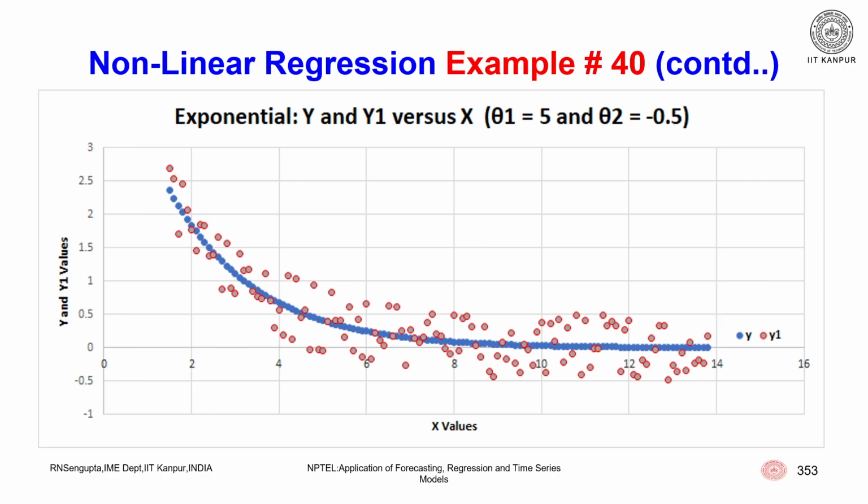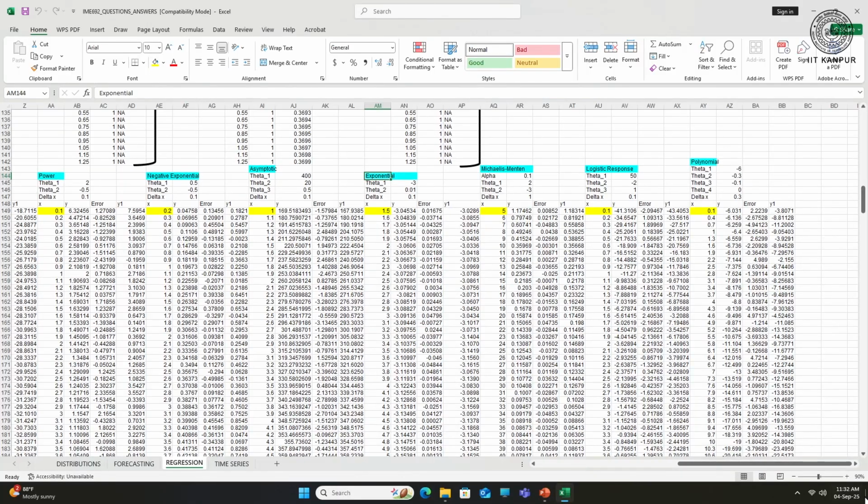And as we have utilized in the last 2 lectures, we extensively use the Excel sheet. We will try to utilize the same Excel sheet for the different types of nonlinear regression models, which we will now discuss. So, I will go back to the Excel sheet now. Yes, so it is there. We are going to solve the exponential part.